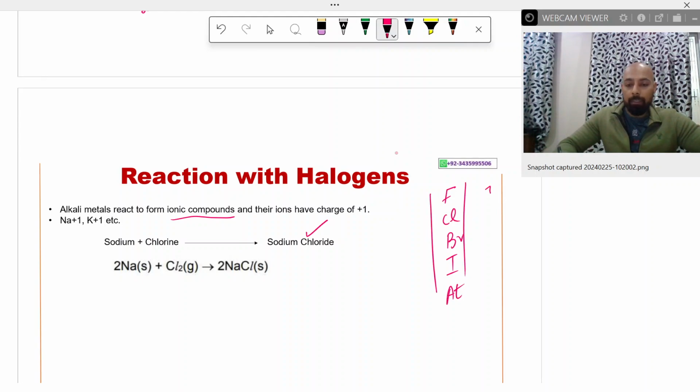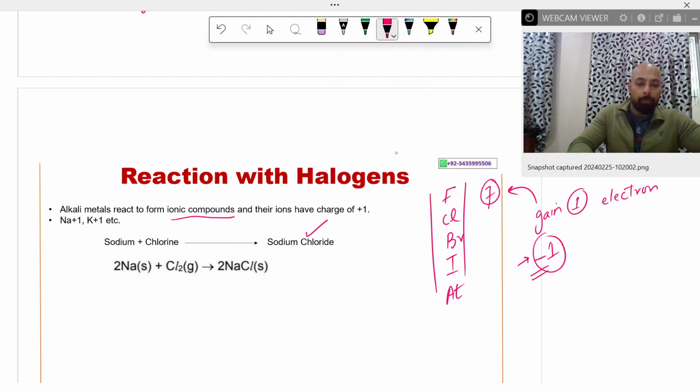They have 7 electrons in their outermost shell. They will gain 1 electron, and as a result their ions will have a charge of -1. Alkali metals will have a charge of +1. We have lithium, sodium, potassium, rubidium, cesium and francium.